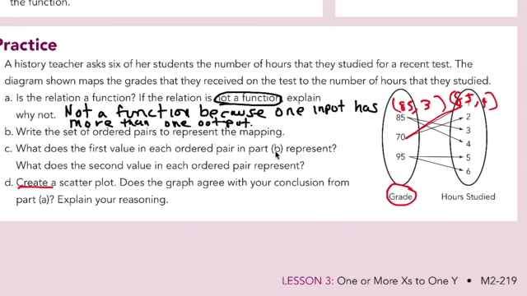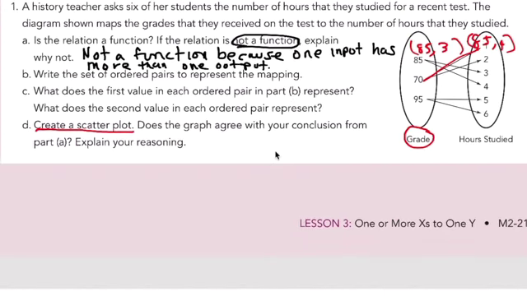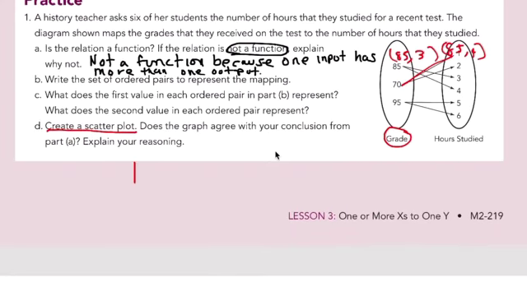Create a scatter plot. So on line paper, or on graph paper preferably, because these are all positive numbers only. Make sure you do this on graph paper preferably. If you don't have any, you can do it on line paper.